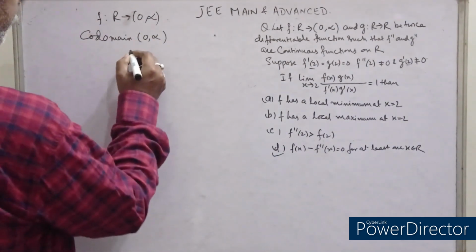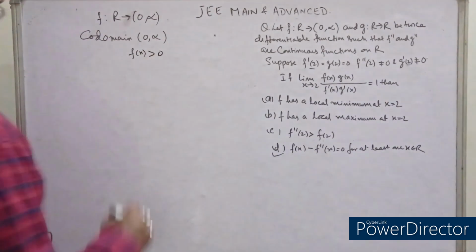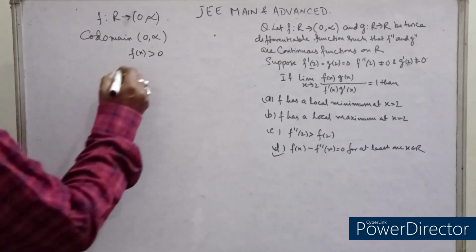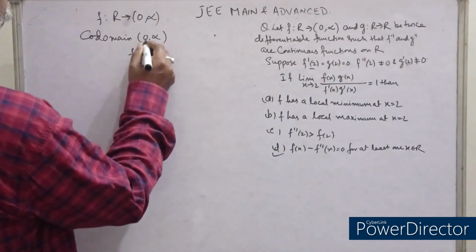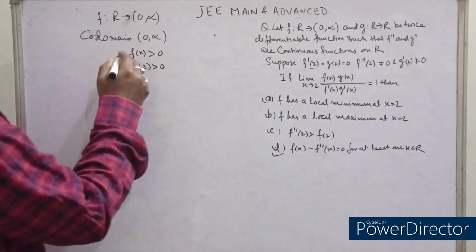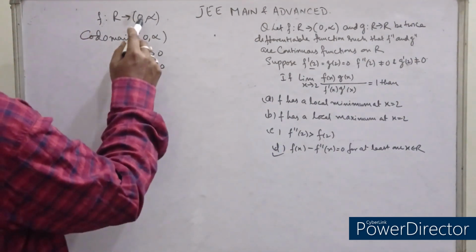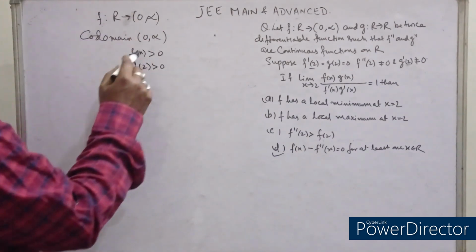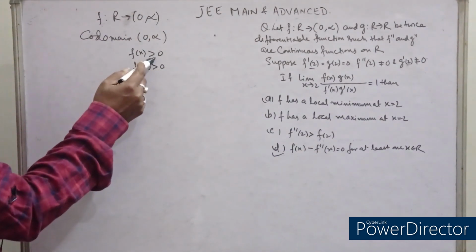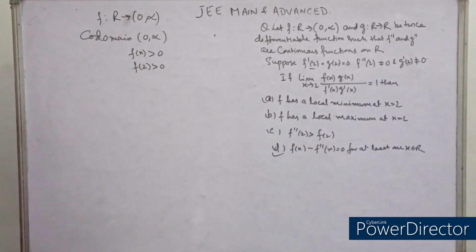So f x is greater than 0, therefore f 2, because 2 lies in this interval, is greater than 0, because your codomain, that means the value of y, is positive, so it is greater than 0.